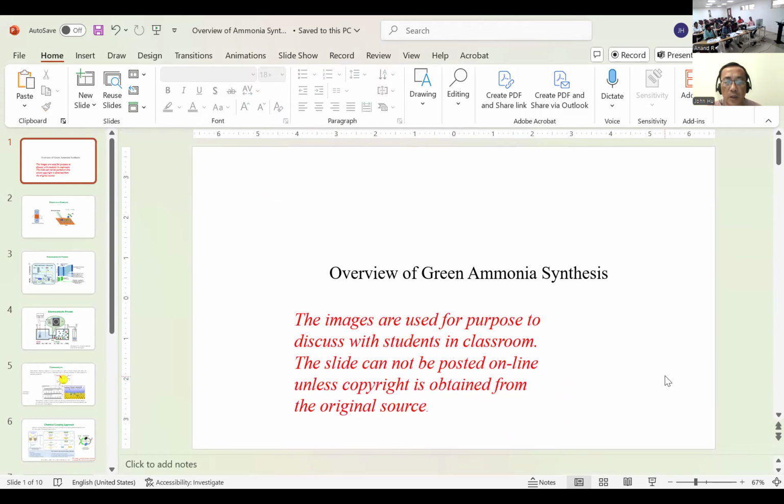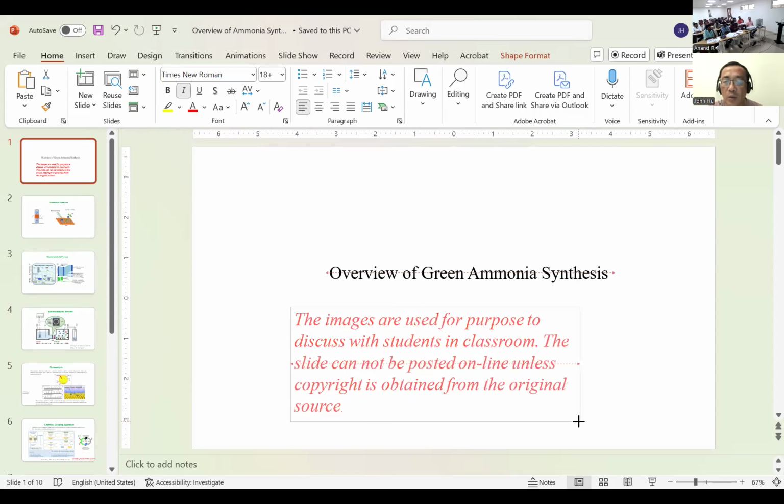So the images are used for the purpose of discussing with the students in the classroom. The slides cannot be posted online unless the copyright is obtained from the original sources. Some of these slides I found by internet search, really for classroom illustration. Otherwise, when I teach in person, I draw on the blackboard or whiteboard the process.